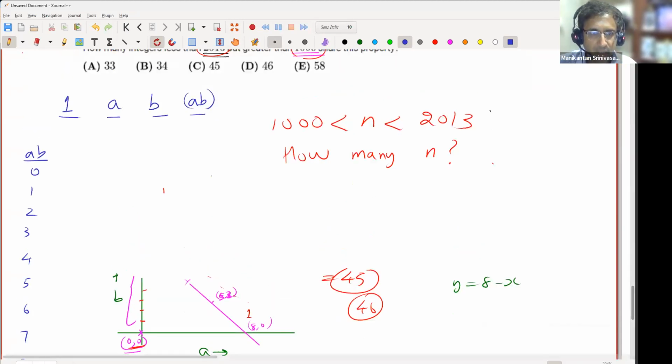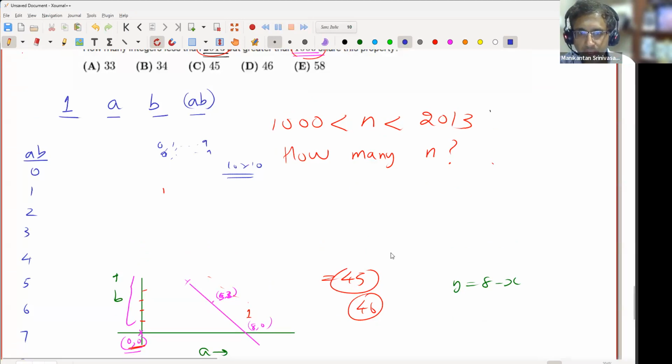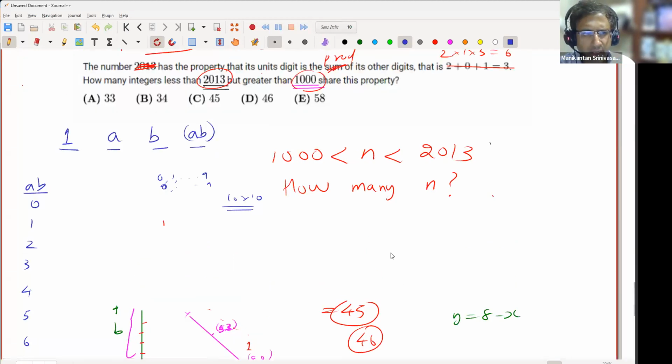Now, I need a combination of A and B where the product is 0. So A can be any number from 0, 1, 2, 3, so on till 9. And B can be any number from 0 to 9. There are 10 into 10, 100 possibilities. Am I right, or am I off big time?